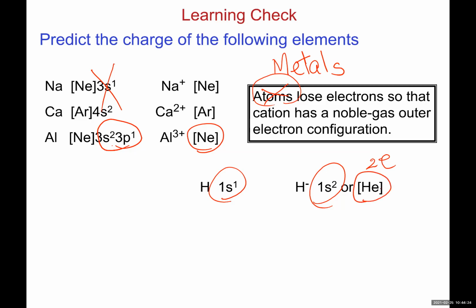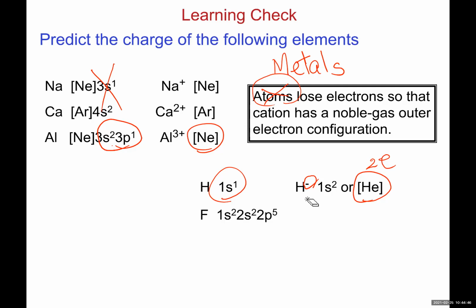It looks like helium. It's going to be stable. Remember, we said nonmetals are gaining electrons. So gain of 1 electron adds 1 negative charge to hydrogen. So hydrogen, in its reaction, will try to make an anion, a negatively charged ion.